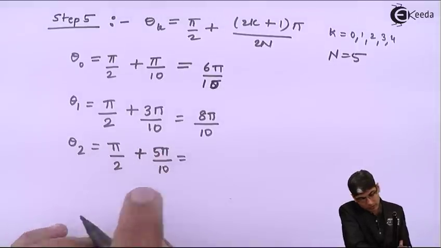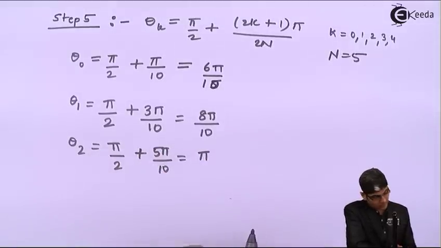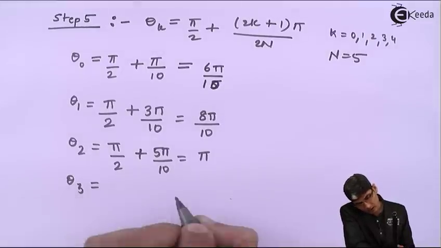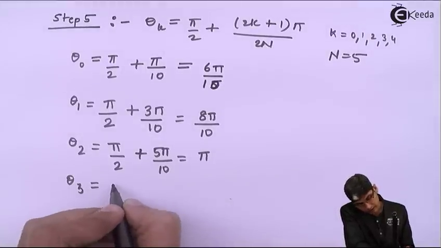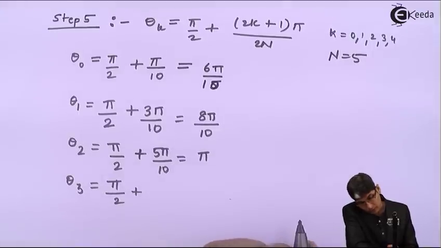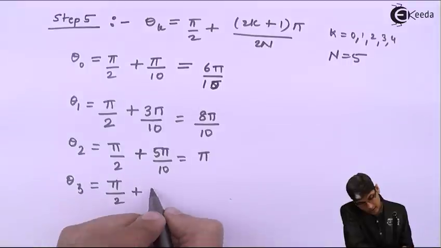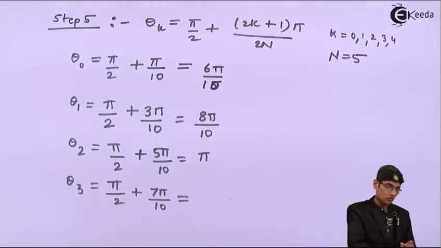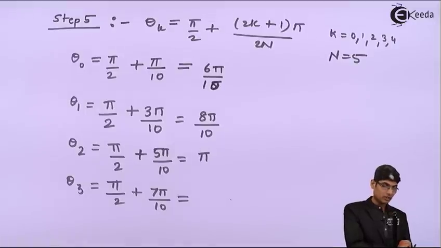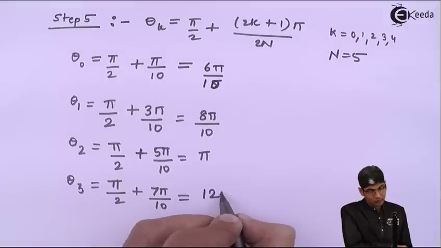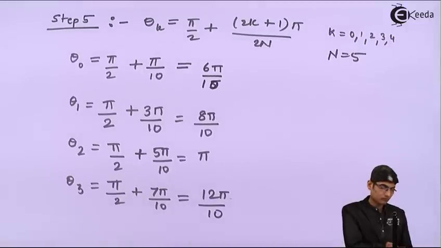So pi by 2 plus pi by 2 will give me the factor pi. Then k is equal to 3 gives theta 3, which is pi by 2 plus, putting 3, 6 plus 1 is 7 pi by 10. So 7 pi by 10 will give me 10 plus 14, which is 24 by 20, which is 12 pi by 10.